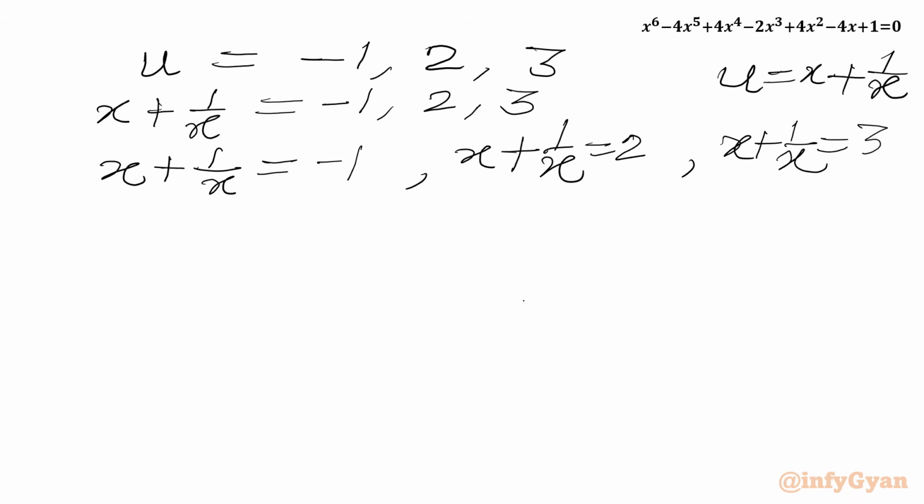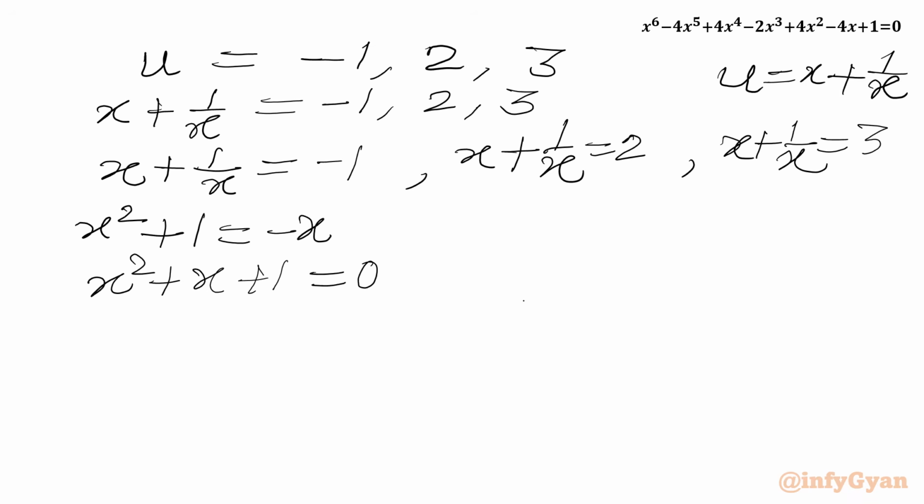We will multiply both sides by x first. So we will get x square plus 1 equal to -x, or x square plus x plus 1 equal to 0. Now we can use quadratic formula. X will be equal to minus b.